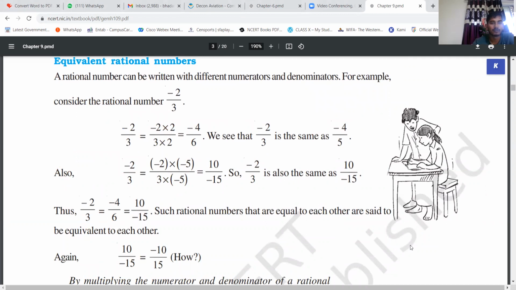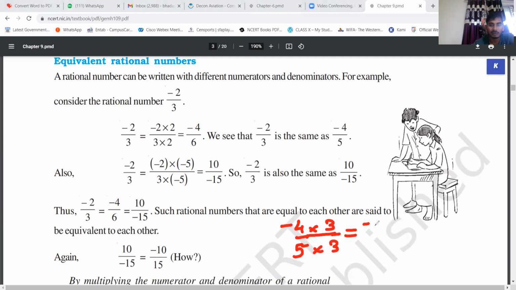Now, one more thing I need to explain to you. A rational number can be written with different numerators and denominators. For example, minus 2 by 3 is given like this. I gave you the example minus 4 by 5. I'll tell you later what kind of questions they can ask you. But remember, whatever number you multiply the numerator by, say I'm multiplying the numerator by 3, the same number you need to multiply the denominator by.